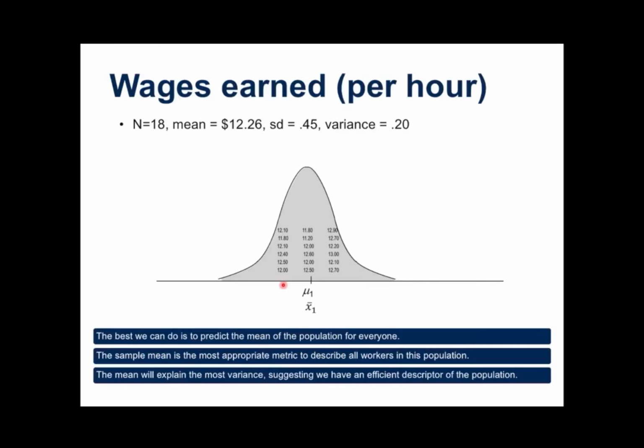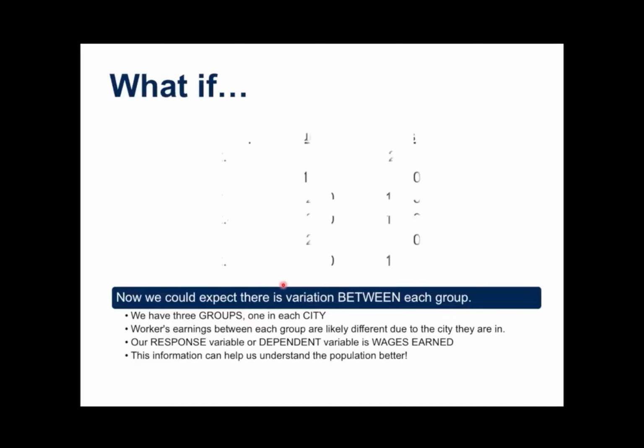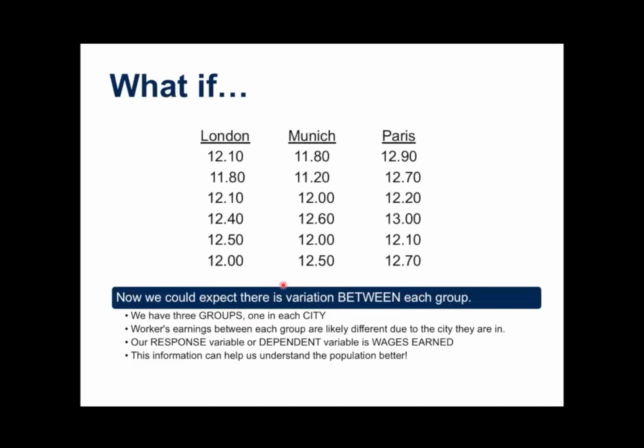However, if we know something more about where those numbers come from, could it help us improve our prediction? That's really the question. So what if I told you, instead of just looking at everyone as a total sample, what if I told you that some of these wages came from workers earning per hour in London and in Munich and in Paris?